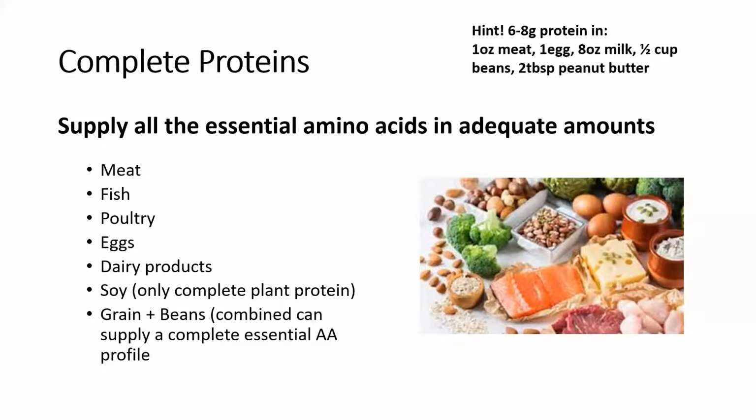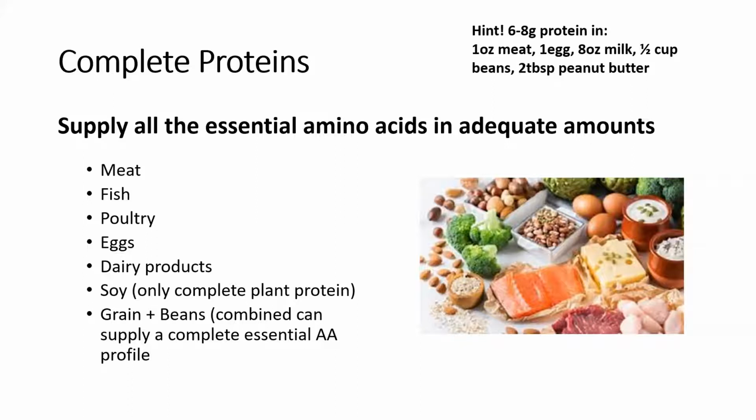If you consume an omnivore diet, which includes animal-based proteins, so meat, fish, eggs, poultry, dairy, you're probably getting all 9 essential amino acids whenever you consume. Soy is often used as a meat substitute because it's the only plant that has all 9 essential amino acids present within the plant. So there's a positive there.